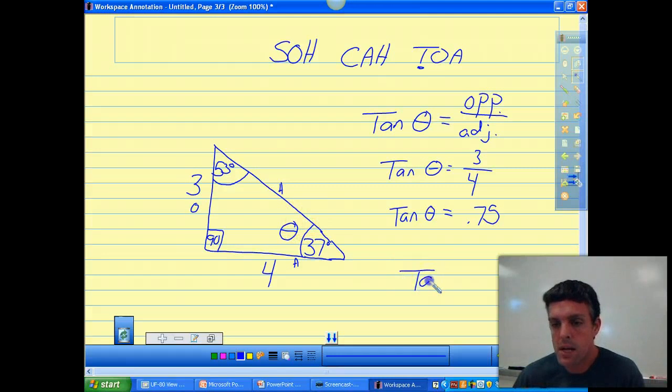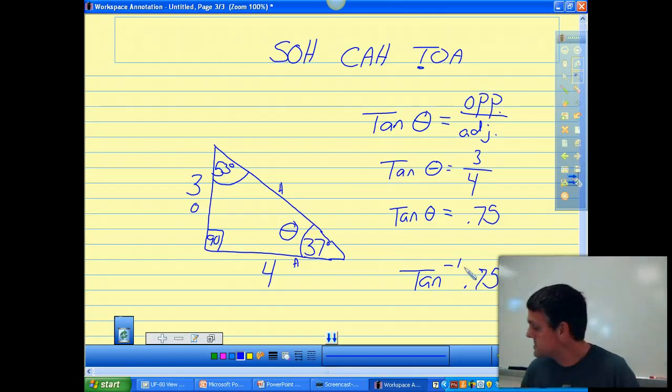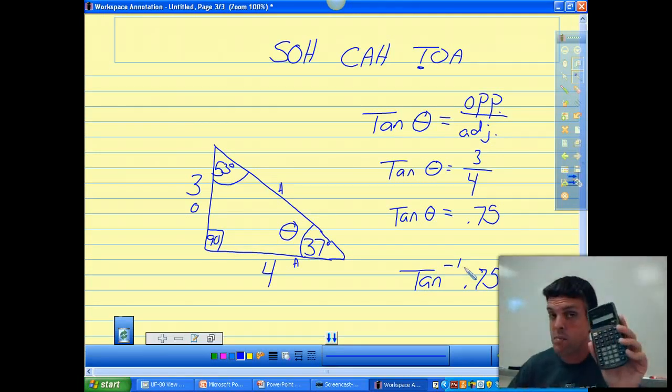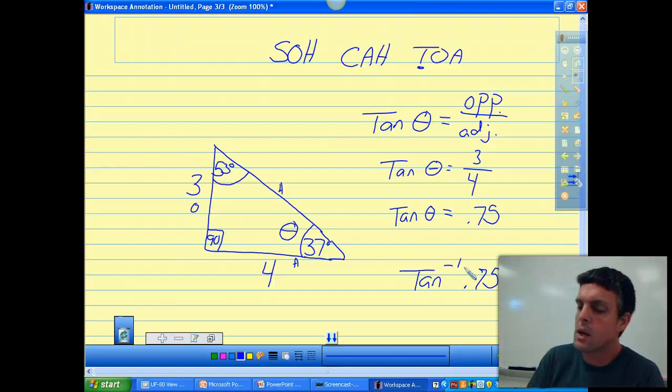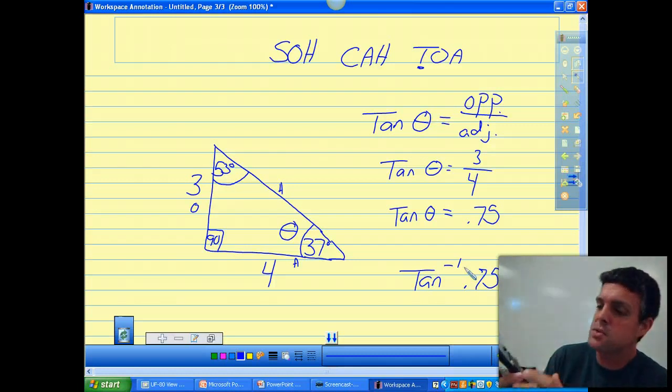Remember, in your calculator, type in tangent -1 of 0.75, and that will give you the answer. If you don't have that type of calculator, this does the same thing. Again, it's got the tangent -1.